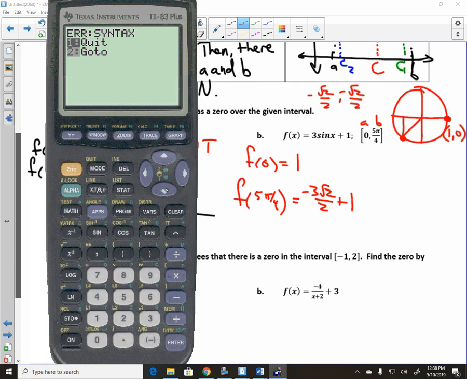What happened? There we go. We got a negative value.